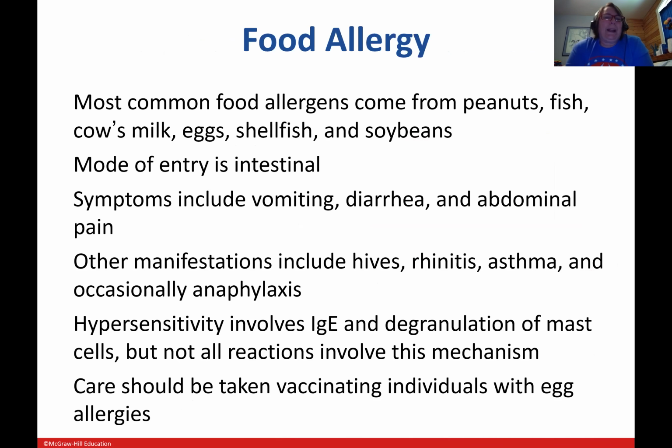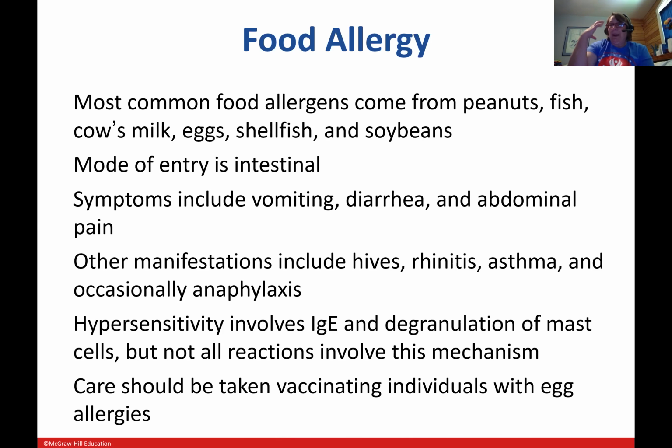Okay, food allergies. The most common food allergens come from peanuts, fish, milk, eggs, shellfish, and soybeans. In all these cases, the mode of entry is eating, okay? And symptoms often include vomiting, diarrhea, and abdominal pain. Sometimes you end up with hives.